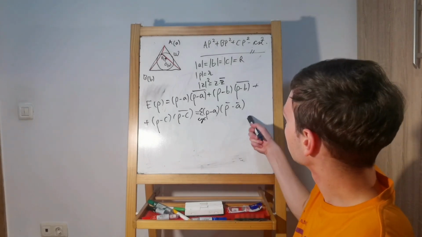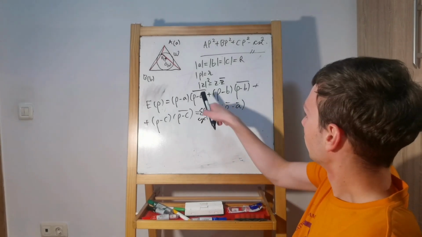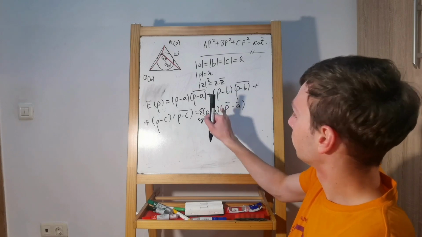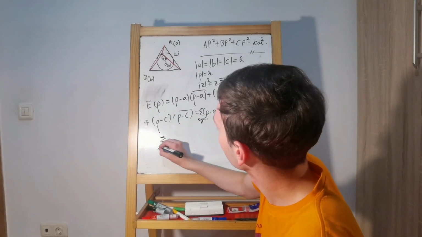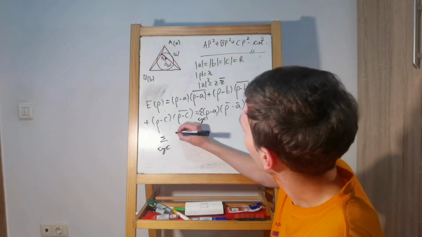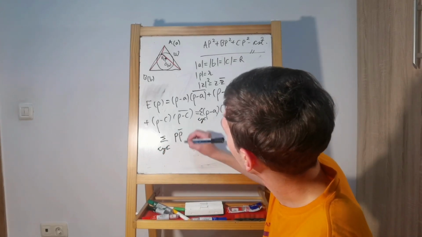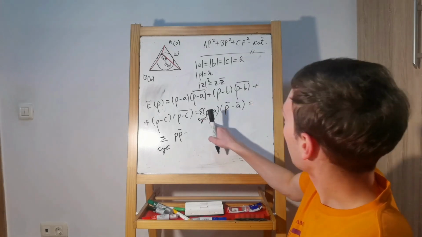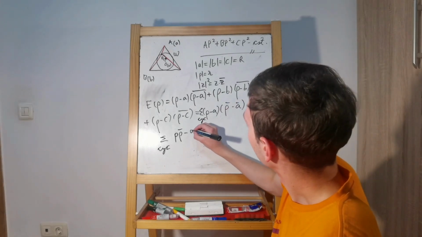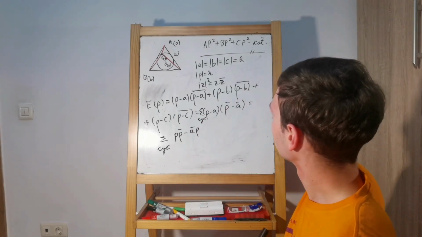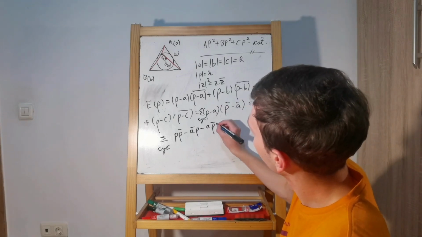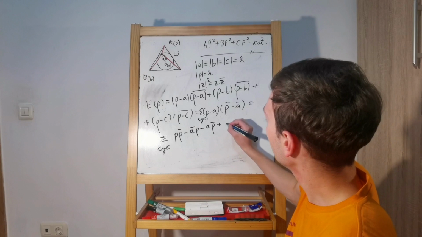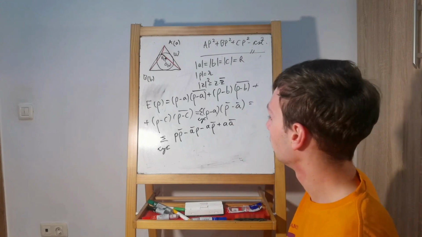Now, let us observe that if we get rid of the parentheses and multiply everything together, we'll get a cyclic sum of p times p conjugated, and then we'll have p a conjugated, and a times p conjugated, we subtract, and then we have a times a conjugated.